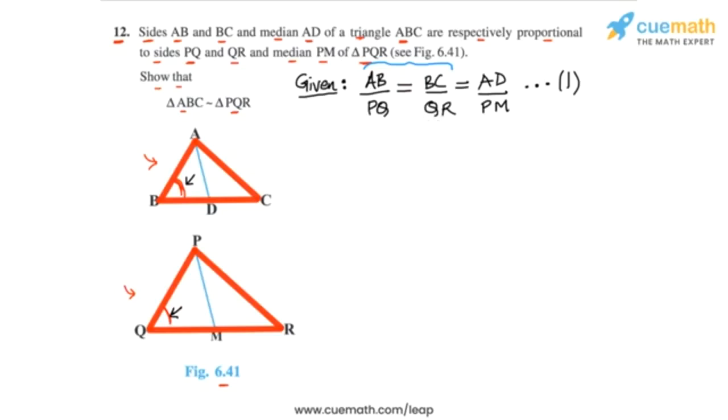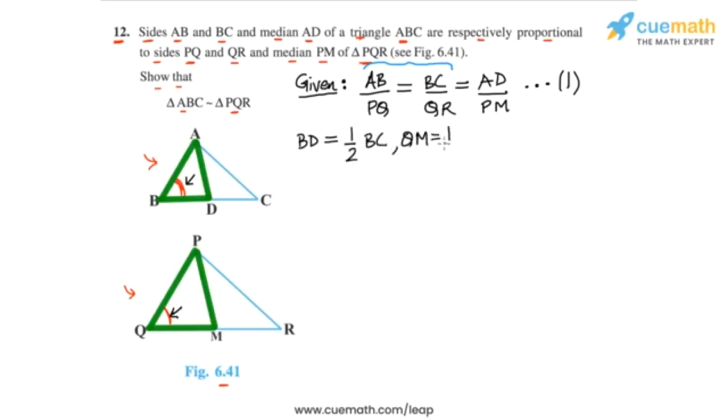Now let's write out the proof step by step. So first, let's consider the triangles ABD and PQM, and let's show that these two triangles are similar. So to do that, we observe that BD is half of BC and QM is half of QR, right?